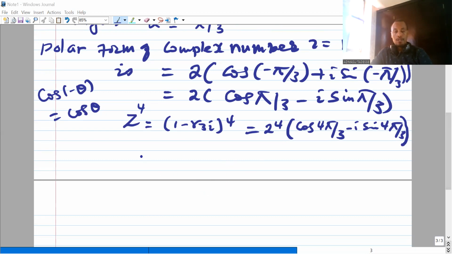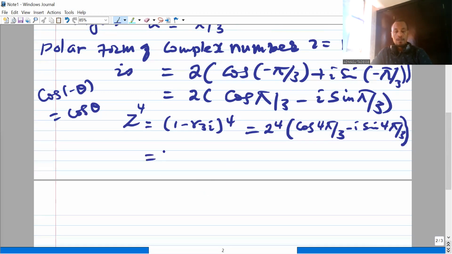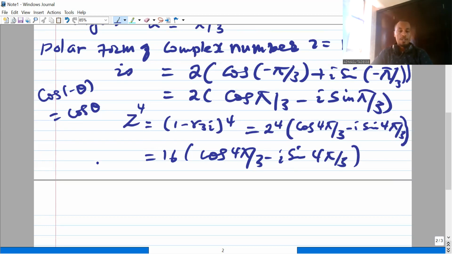Therefore, it is given by 16 into cos of 4 pi over 3 minus i sin 4 pi over 3. So 4 pi over 3 means a third quadrant angle, no? Because it is pi plus pi over 3.